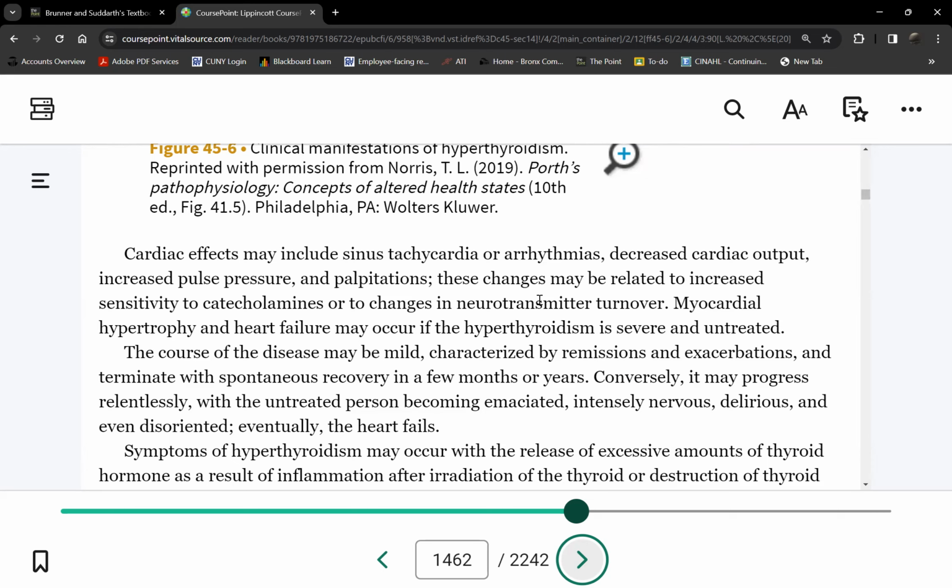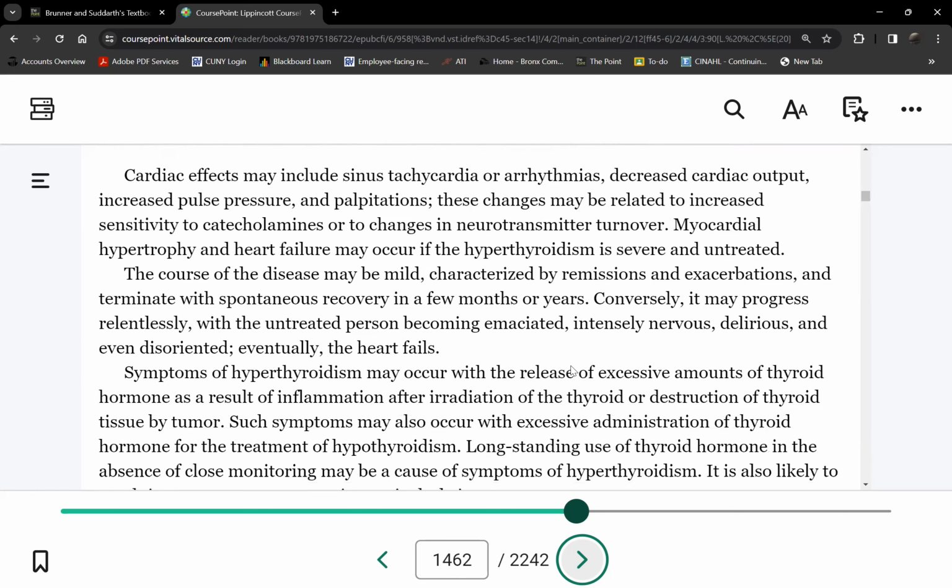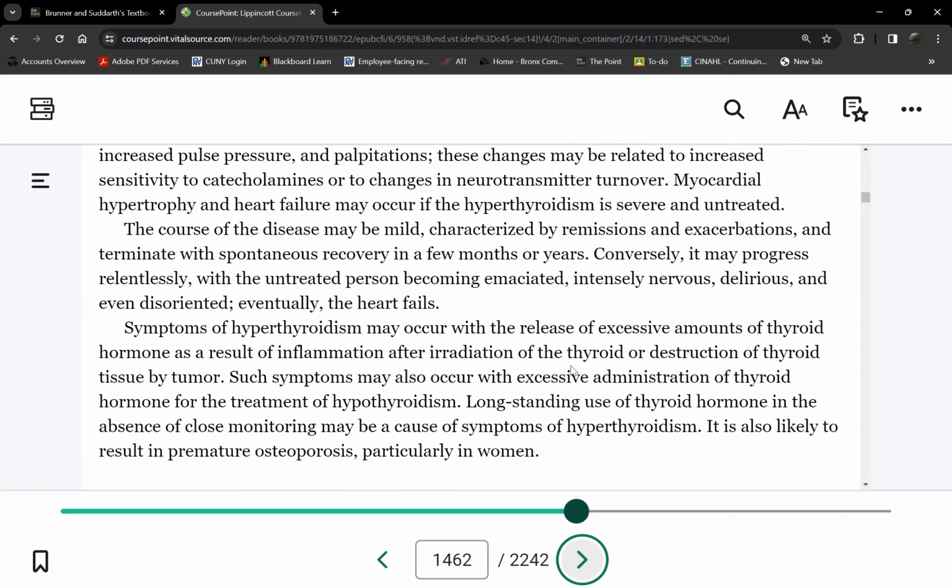It'll be even higher. So if we had myxedema in hypothyroidism, we also have something equivalent here. We call it a thyroid storm, which is a severe state of hyperthyroidism. Patient can go into a stroke, a hemorrhagic stroke, or a heart attack.